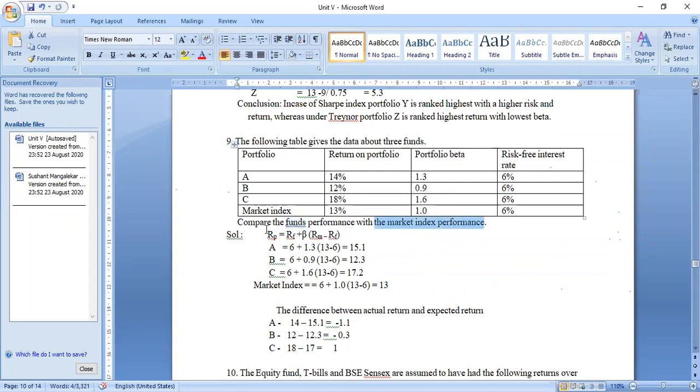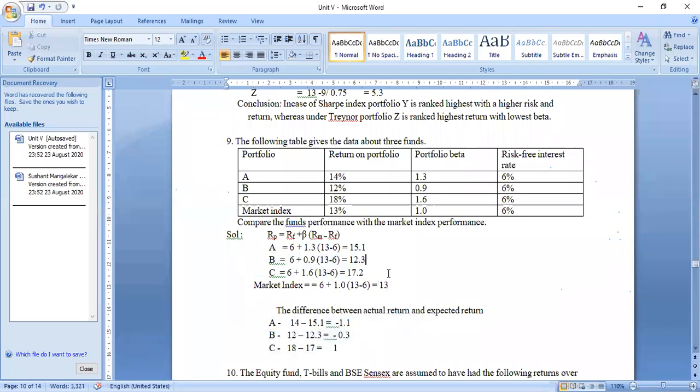Now we have calculated the market index performance as 13, which is actually the expected return for the market index. And we have calculated the expected return for the portfolio as per the CAPM model. Now the confusion is which value we should use: the expected return values with that of the market index, or the Jensen alpha that we have calculated for the actual return and the expected return?